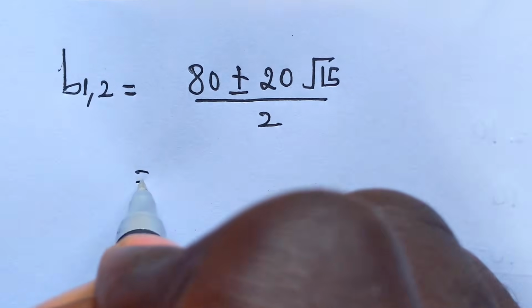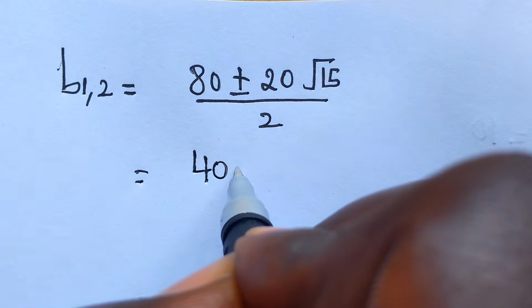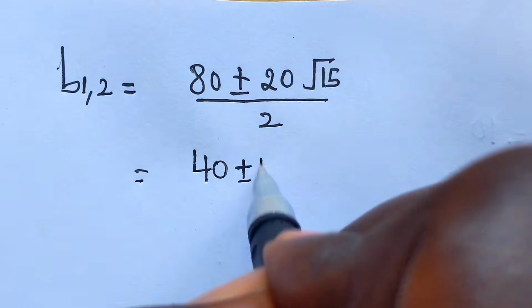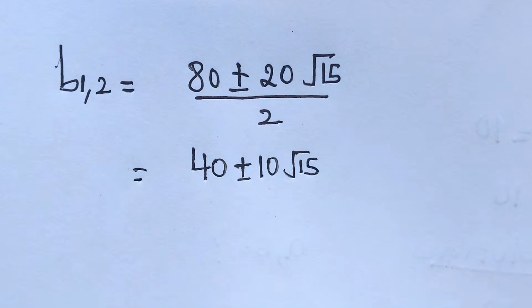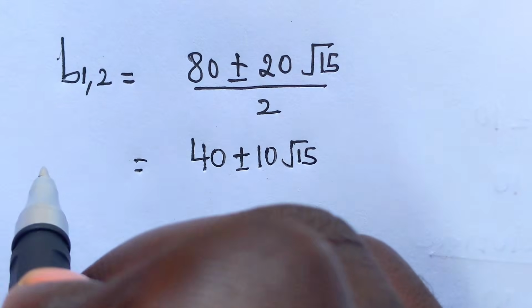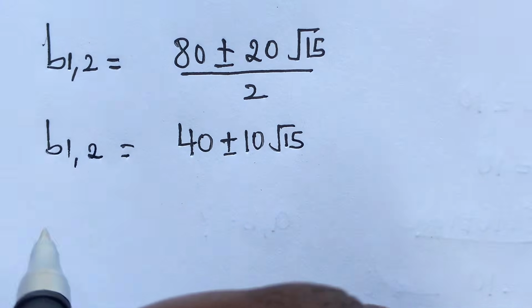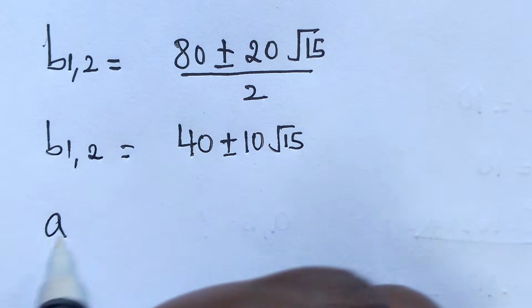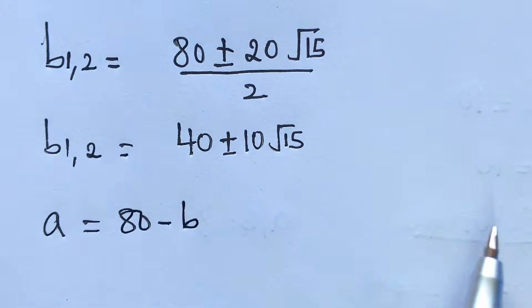So this is equal to 40 plus or minus 10 square root of 15. And this is our solution of b1 and b2. We are supposed to find a. We have seen that the value of a is equal to 80 minus b.